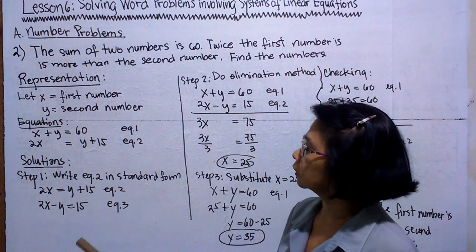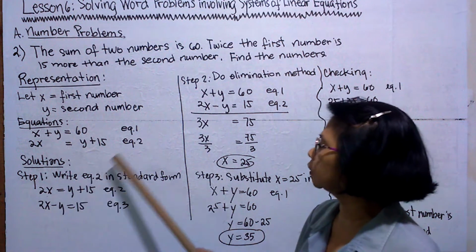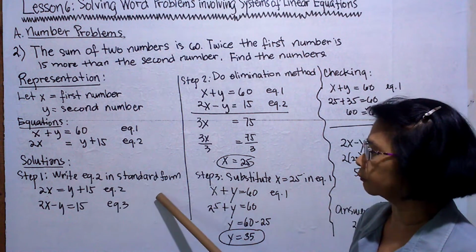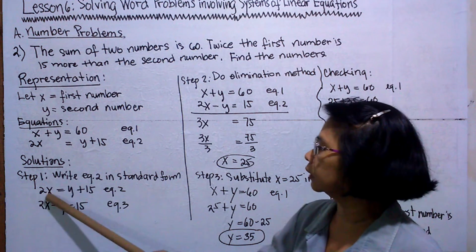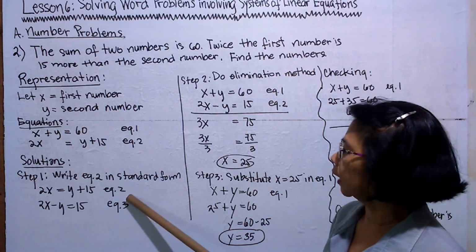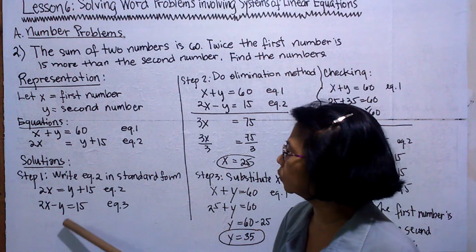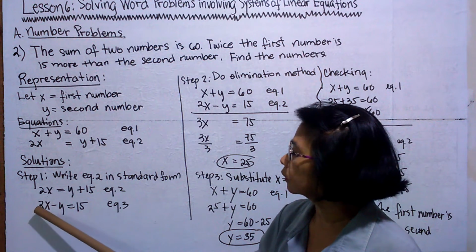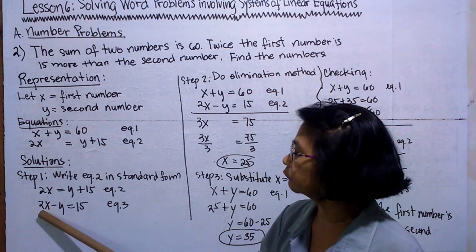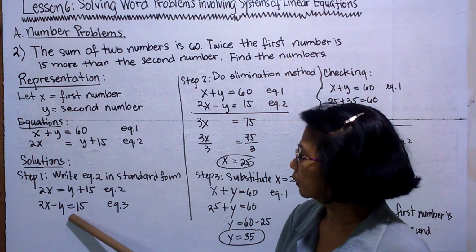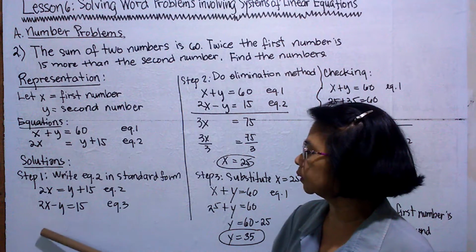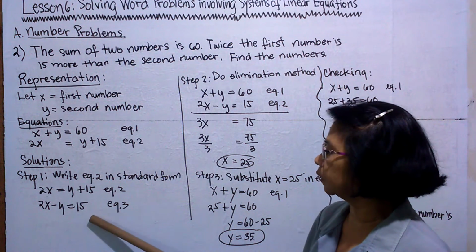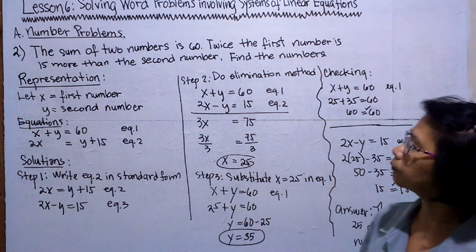For our solution, step 1, write equation 2 in standard form. So I wrote here equation 2, then transposed the y term together with the x term to the left of the equal sign, so that I now have 2x minus y equals 15, equation 3.